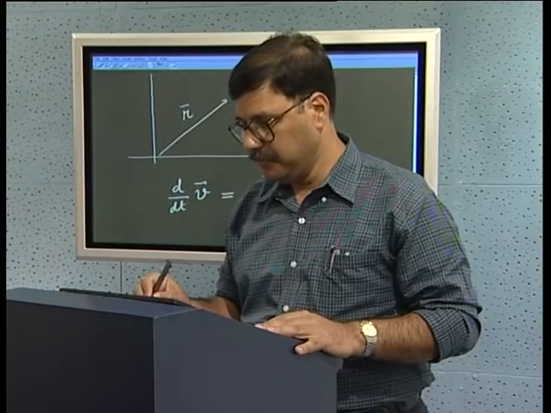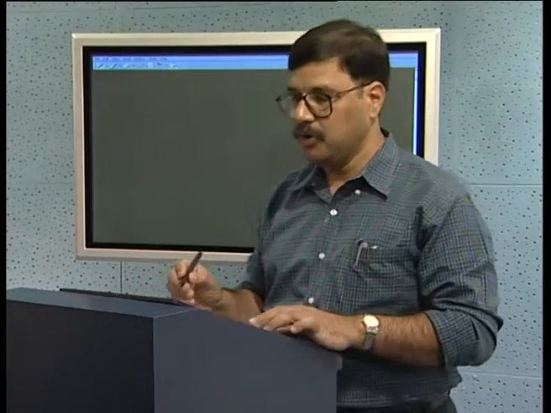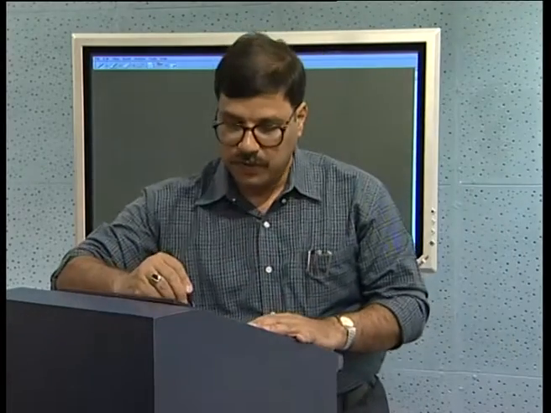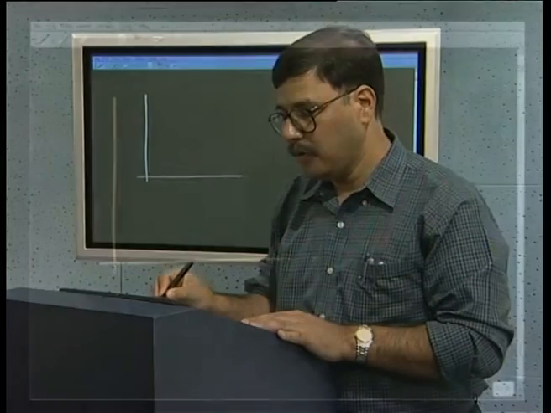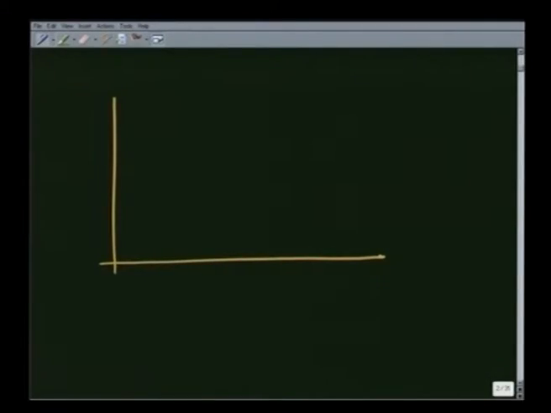For example, you are well familiar with the Cartesian coordinate system, where in a plane the position of a particle is given by its x coordinate and the y coordinate.